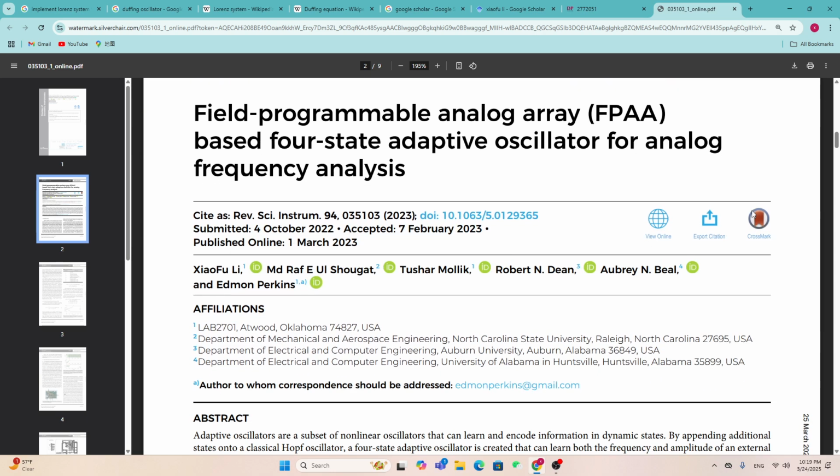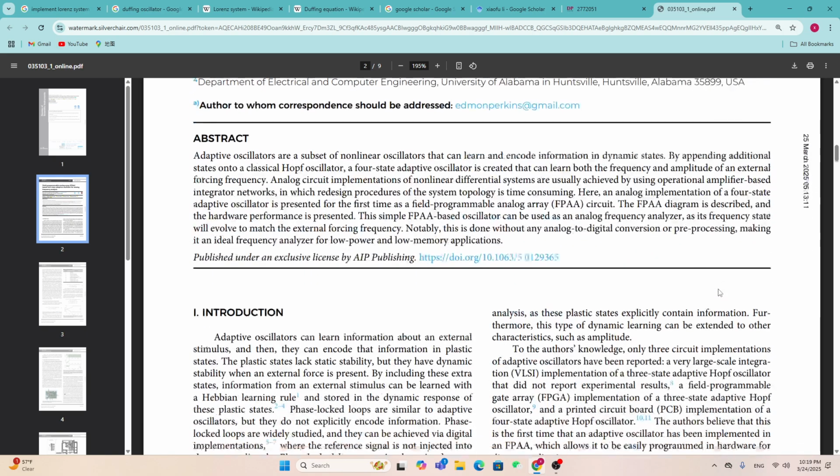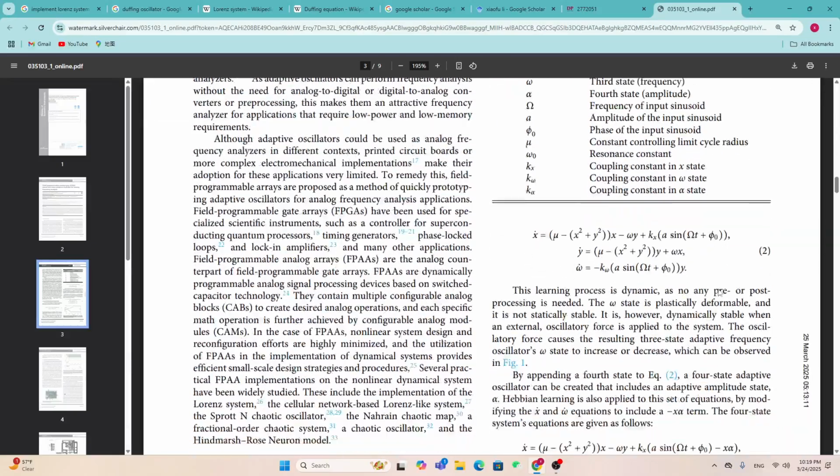If you have multiple frequency components and multiple adaptive oscillators as an array, it can work as a frequency spectrum analyzer and reconstruct the whole frequency spectrum of an unknown signal, or in other words, can also reconstruct the unknown signal waveform. So maybe you can also check out my paper.